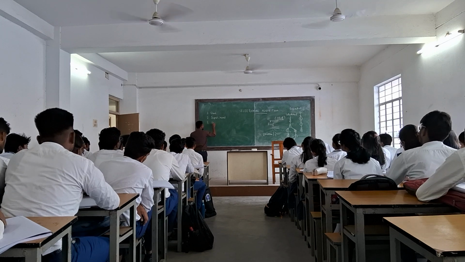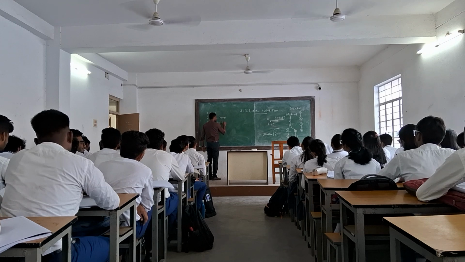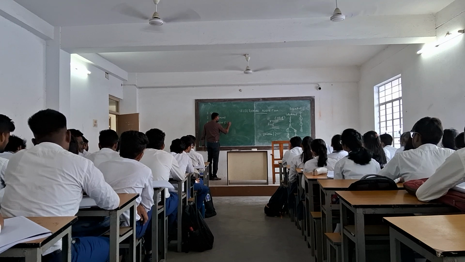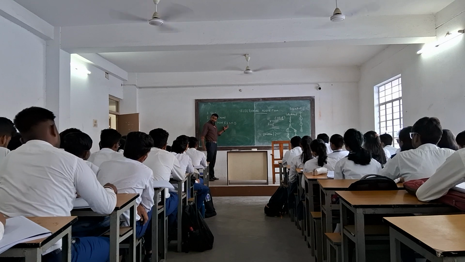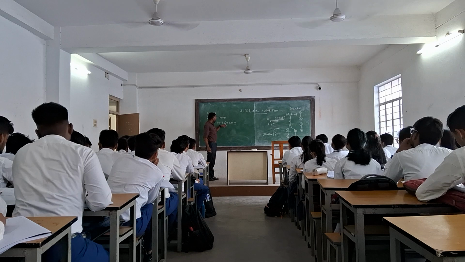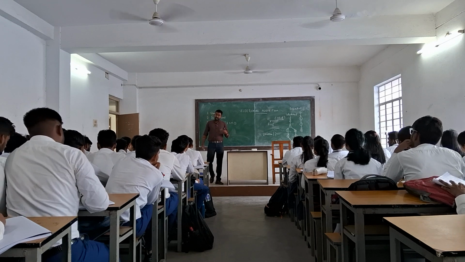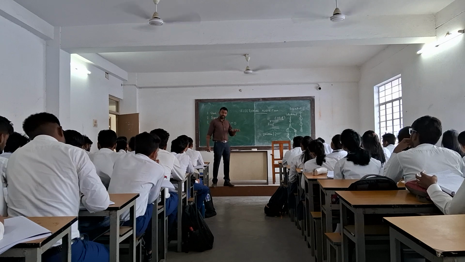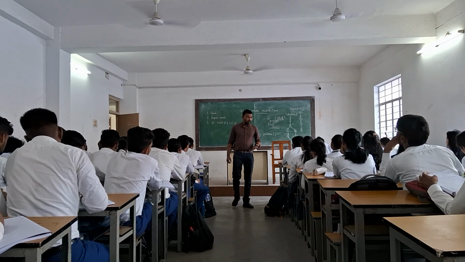Now, if num1 mod 2 equals 0, it is divisible by 2. Yes or no? What is the modular operator for? To check the remainder value. If any number is divided by 2, the remainder will be either 0 or 1.